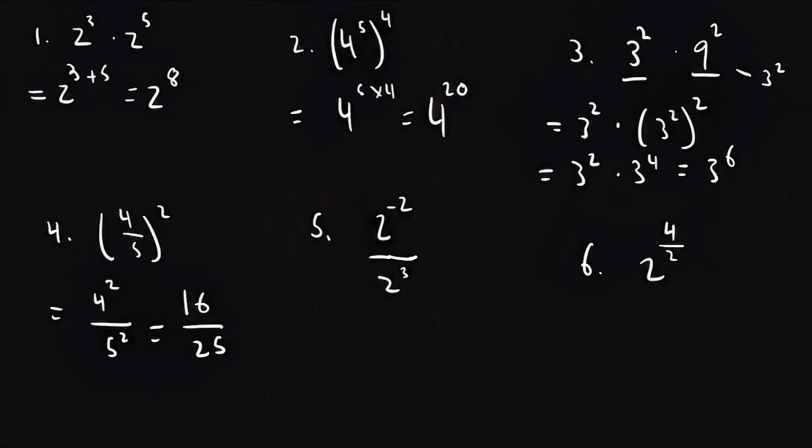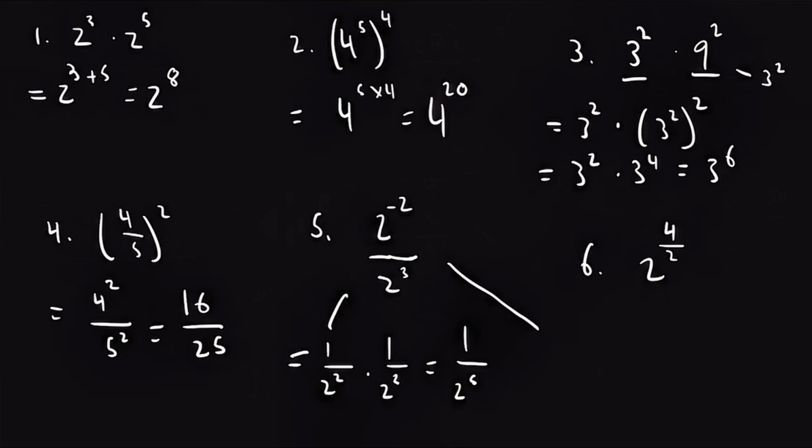For question number 5, there's 2 ways of doing it. First way would be, notice that there's a -2 in the first exponent. So first what you could do is just use the negative exponent rule and rewrite this as 1 over 2 to the 2 times 1 over 2 to the 3, and then apply the product rule, and you have 1 over 2 to the 5.